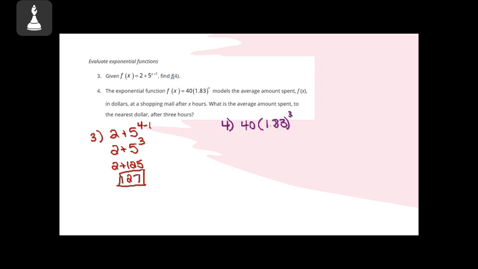Now, the only way to do this is, in fact, with a scientific calculator. So I will show on the slide how you would enter that into Desmos and get the correct answer. That should give you 245.14. We want to go to the nearest dollar, so that's going to be $245.